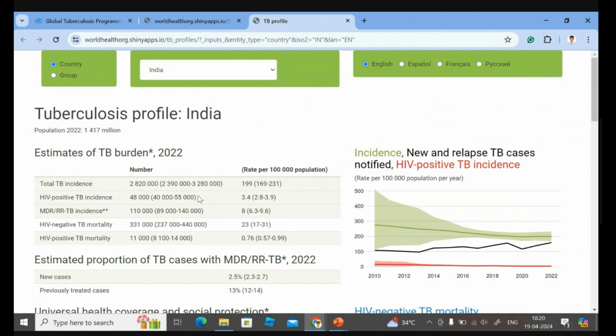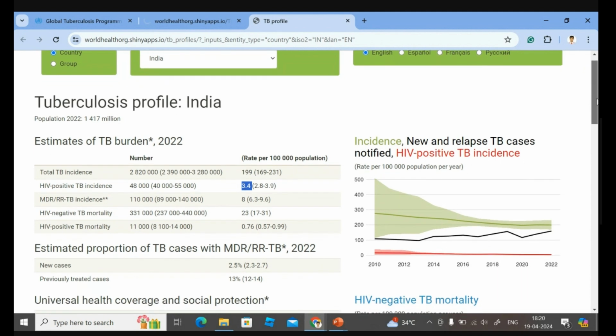So total TB incidences. This is the number that you have. Rate per 1 lakh population, 100,000 population. It's 200 roughly. Okay, HIV positive TB incidence, it's 3.5. Okay, MDR and so on. This gives you the population wise. Is it reducing or is it going up?